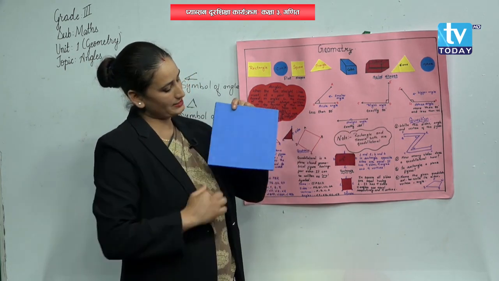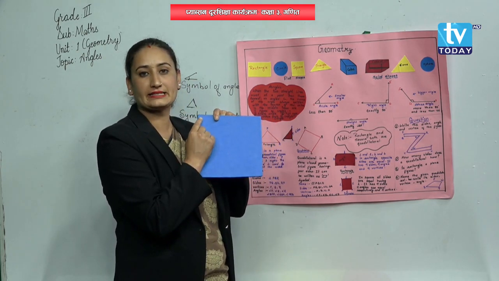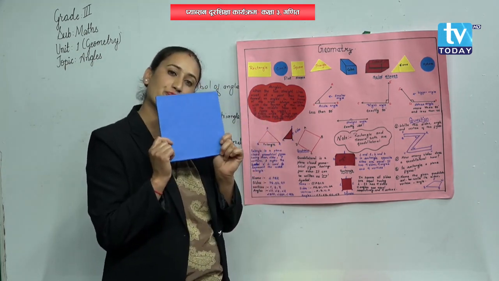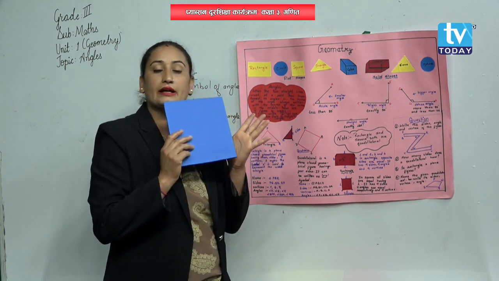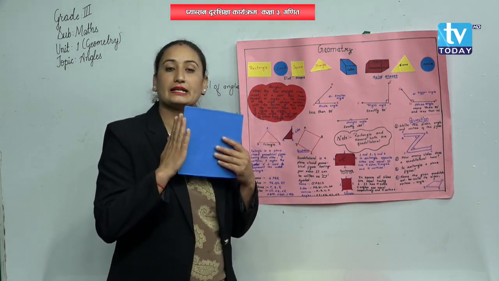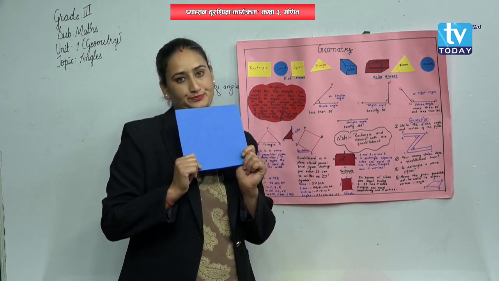Can you see this one is straight, this is also straight? So the angle formed here is 90 degrees. 90, 90, 90, 90. Do you understand? All the angles will be 90 degrees and they are all equal. So, having equal lengths and equal angles, we can call it a square.